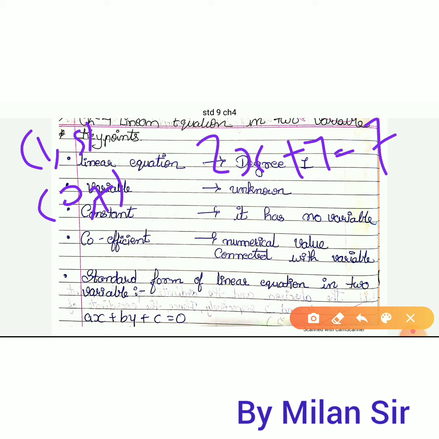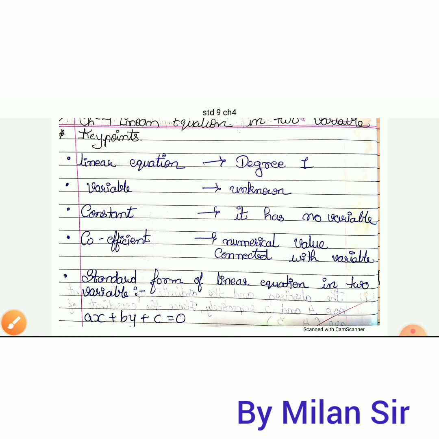So here more than one answer is possible. You can also put x equals 2, and you will get y equals 3. You can also put x equals minus 2, then you will get y equals 11. So infinite solutions are possible for a linear equation in two variables.